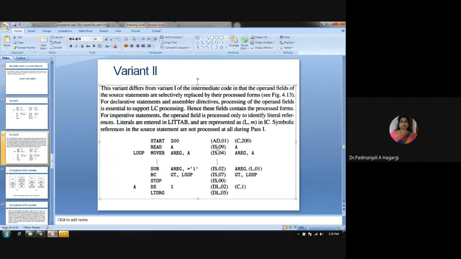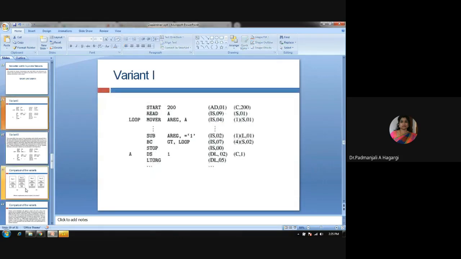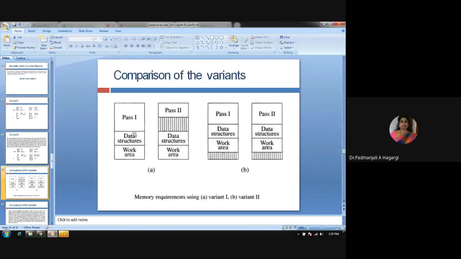Observe both the programs. When we observe both, the work area in the first program during pass two is more.